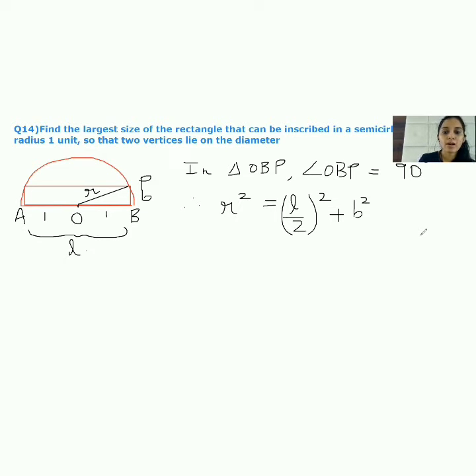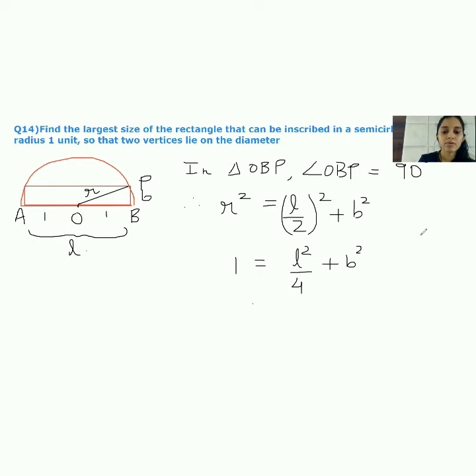Now what is R square? It is 1, the radius of the circle, which is the hypotenuse of the triangle. So 1 is equal to L square by 4 plus B square.